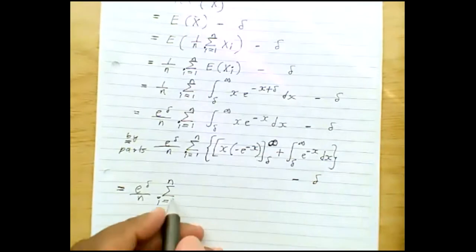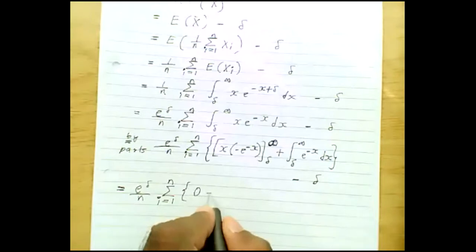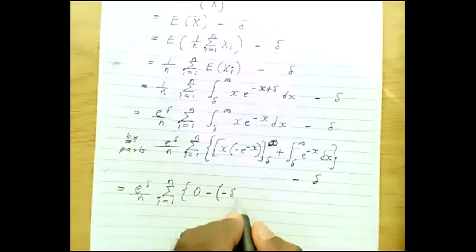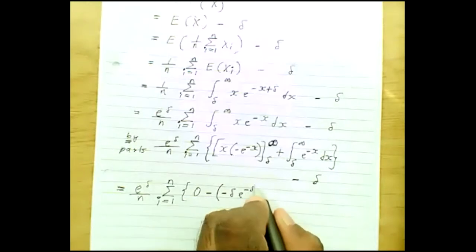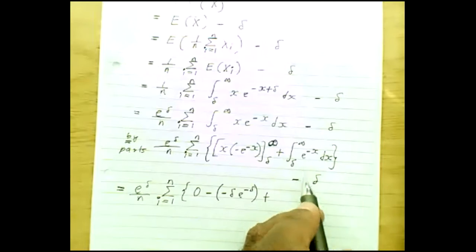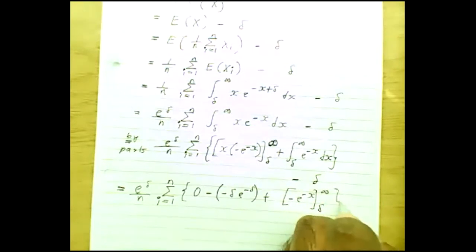The limit at infinity is 0, and the limit at delta is minus delta times this. And then the integral of this is not difficult, so this is minus, okay, minus delta.